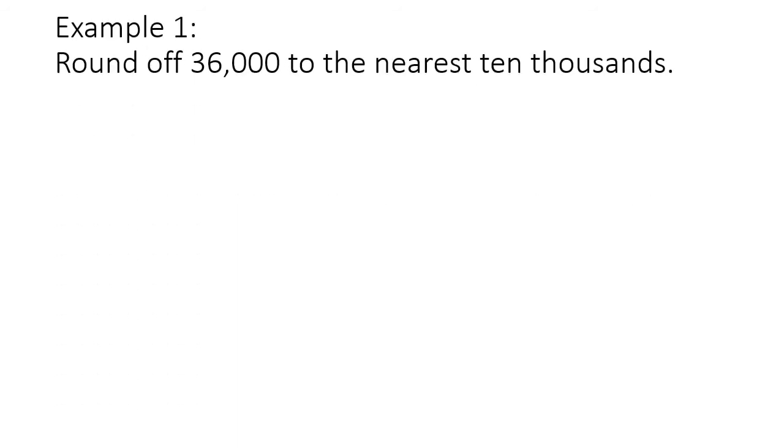Okay, example 1. Round off 36,000 to the nearest 10,000. First you have to write the place values: ones, tens, 100, 1000, 10,000, because now we are going to round off this number to the nearest 10,000. Except for the 10,000 place, all the other digits should be 0. So we are going to convert all the other digits to 0.